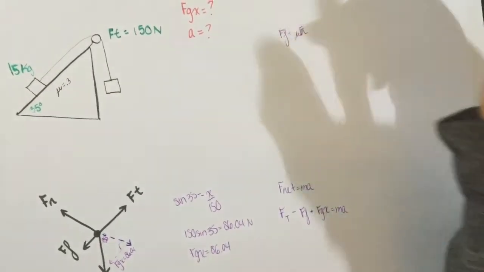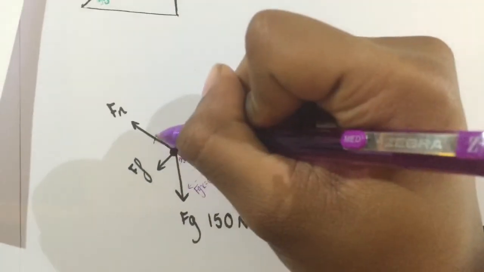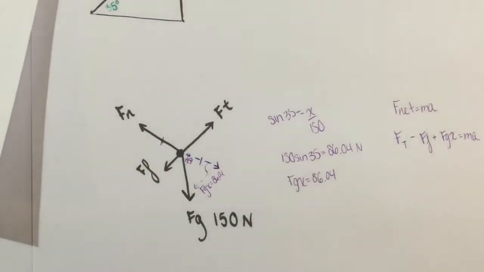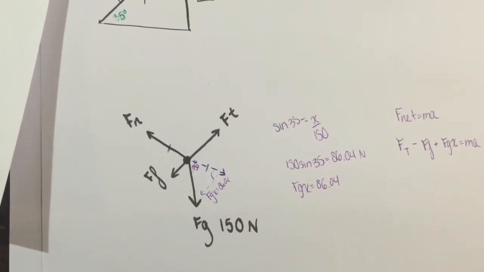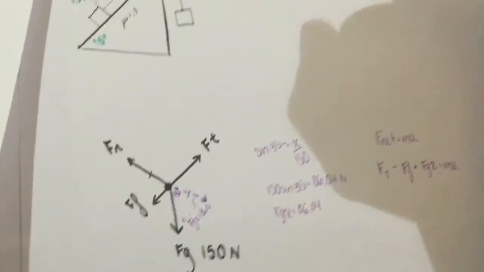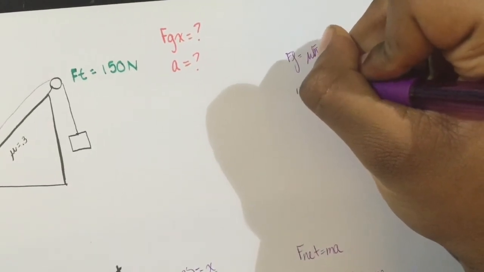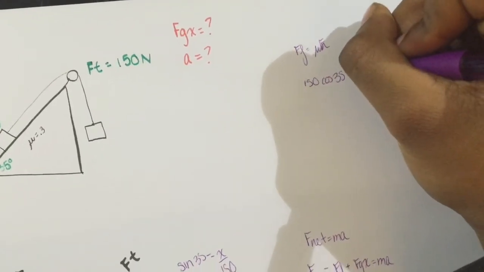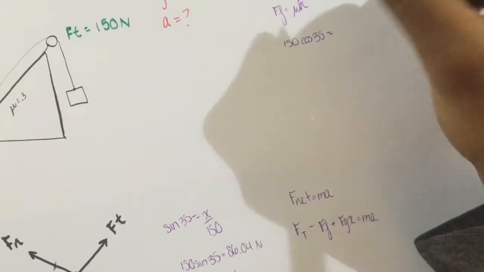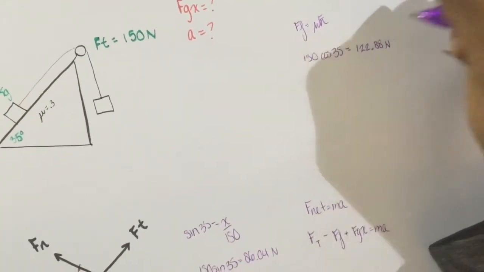But before that, we have to find the normal force, which should be equivalent to FGY because they're on the same axes and they're balanced. So we do more trigonometry. 150 cos 35 equals 122.88 newtons.